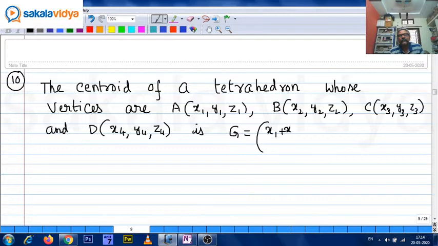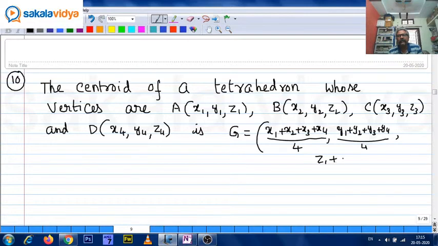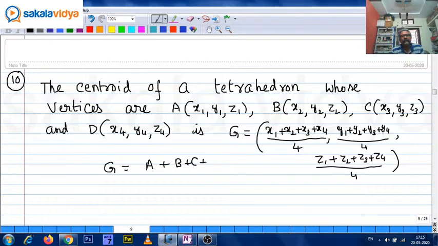x1 plus x2 plus x3 plus x4 by 4. It will be useful for vectors also. Next, y1 plus y2 plus y3 plus y4 by 4, and next z1 plus z2 plus z3 plus z4 by 4, or we can write like this: G equals A plus B plus C plus D by 4.